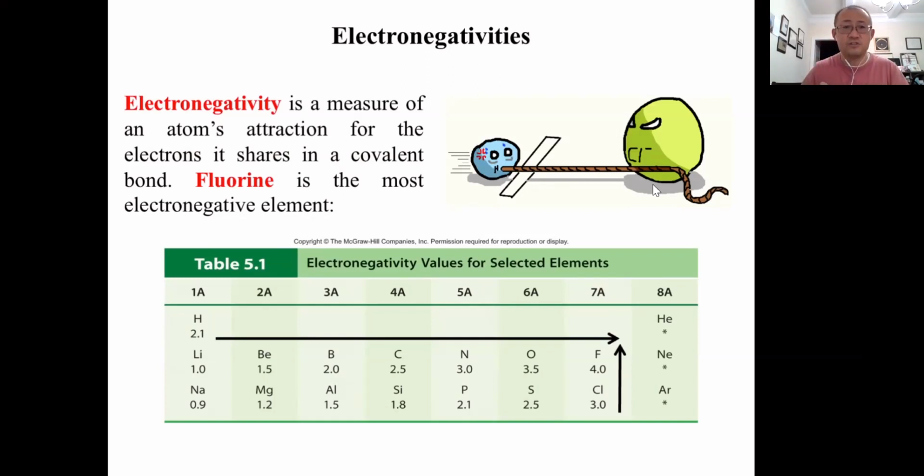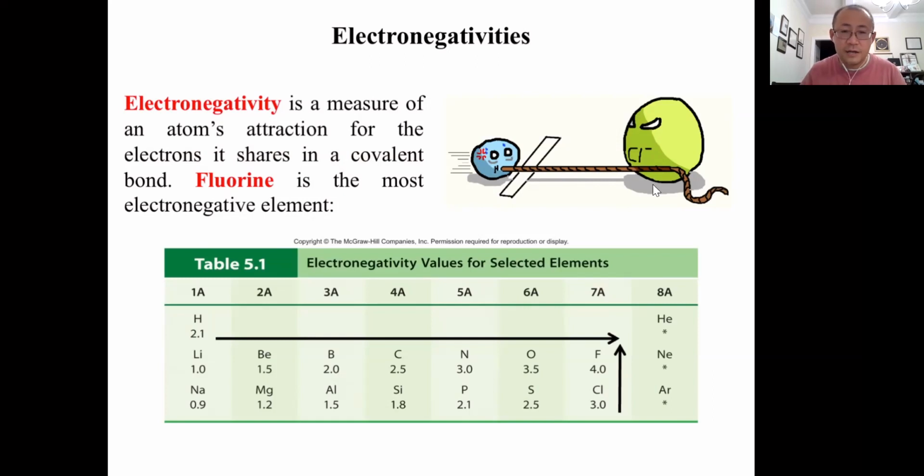So there is a measure of an atom's attraction for the electrons shared in a covalent bond, and that measure is called electronegativity. Electronegativity basically means how strongly that atom attracts electrons in a shared covalent bond.